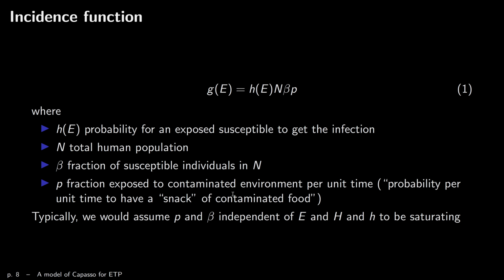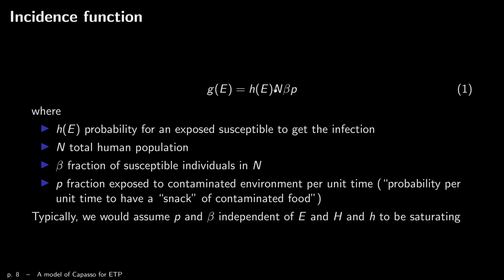So we write it as a product. The incidence function is a product of the probability for an exposed susceptible to get the infection and how many individuals are exposed.